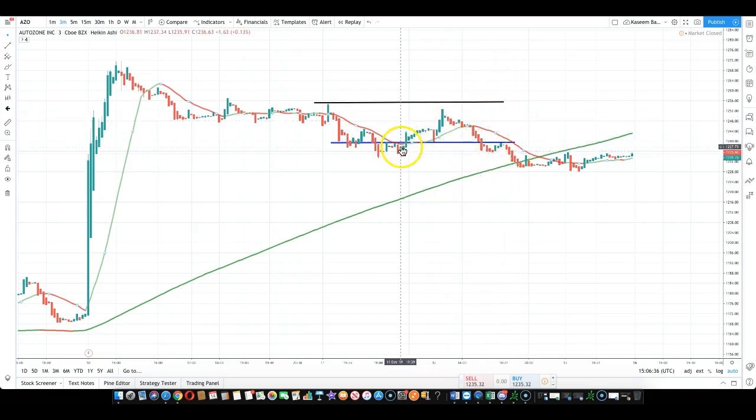When prices are above the 20 and clearly break out, like what happened here, you wanna buy calls.